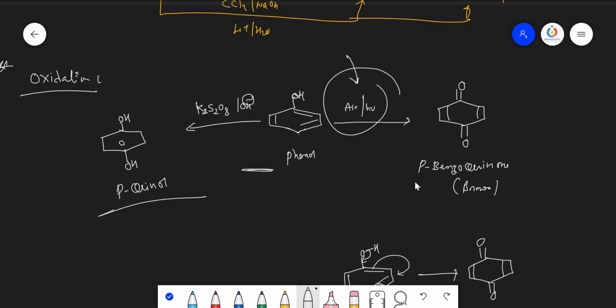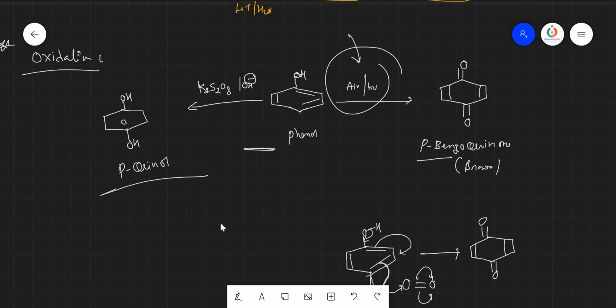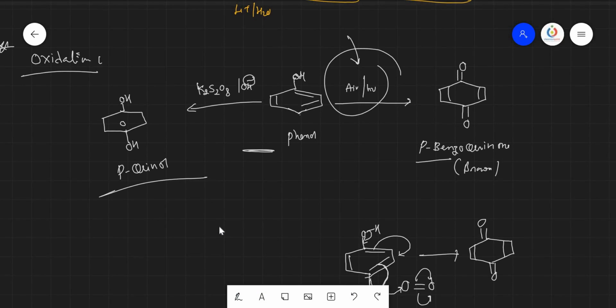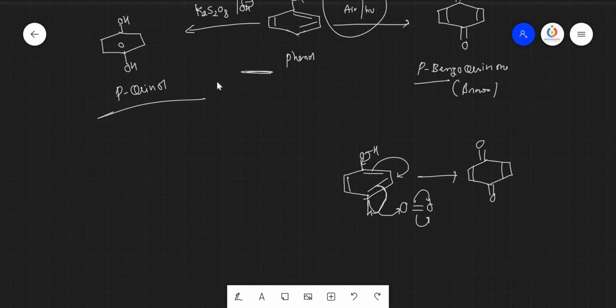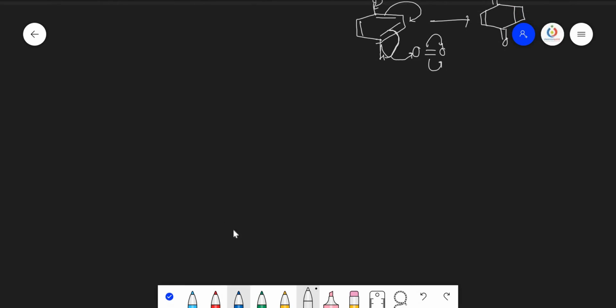So with normal air you get parabenzoquinone, but with persulfate, potassium persulfate, it is a paraquinol. And two more reactions are there. After two reactions, I'll stop this class, and tomorrow we shall discuss the important objective questions.